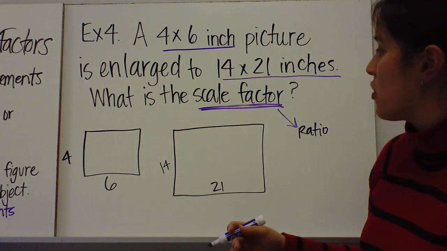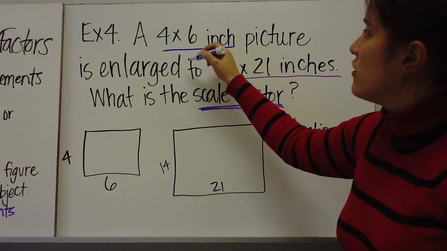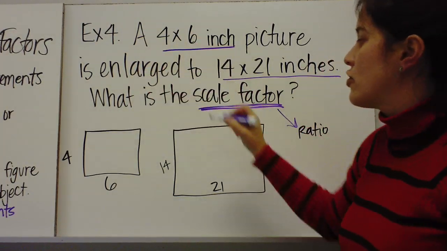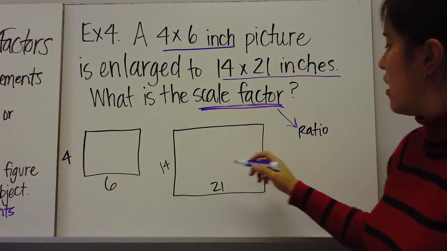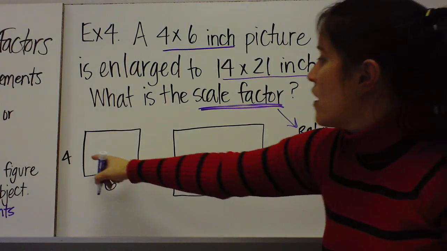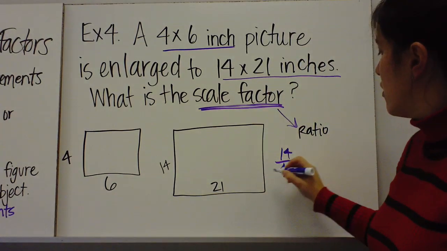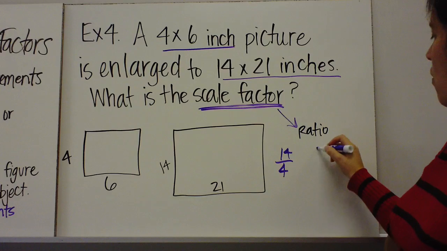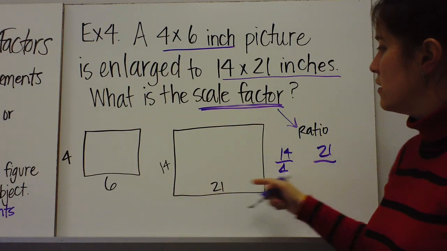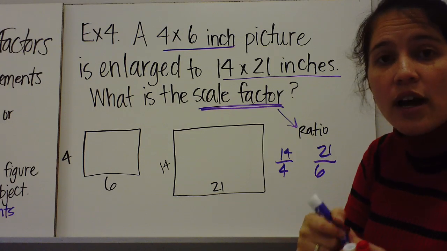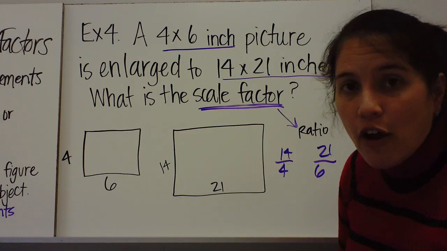So we need to set up our ratio. Since we enlarged it, we want to put the big one on top. So our ratio would be 14 to 4, because these correspond, or 21 to 6. Either one, you can use either one, but we're going to find the scale factor.